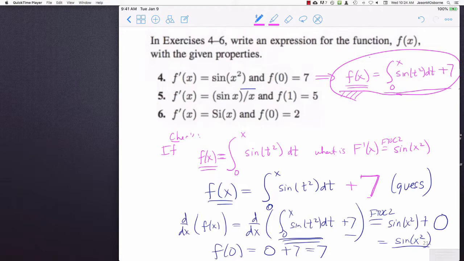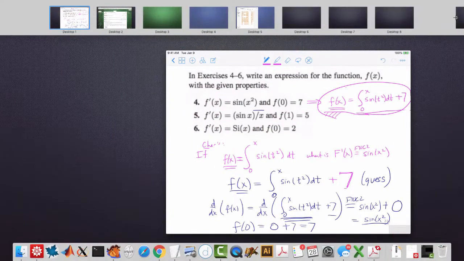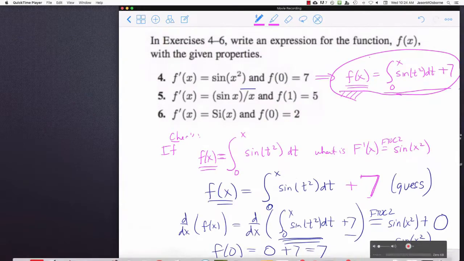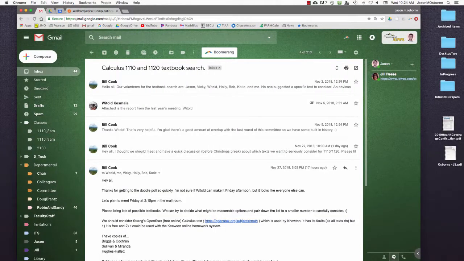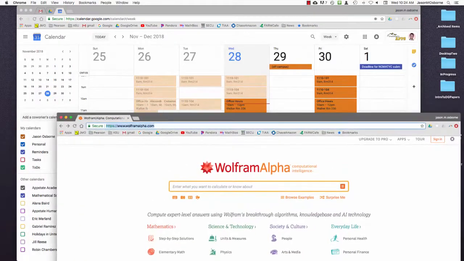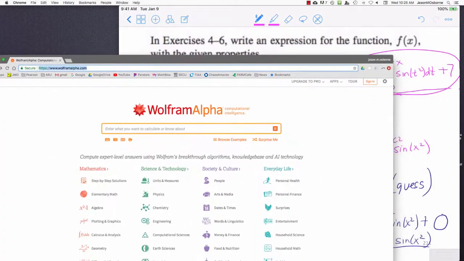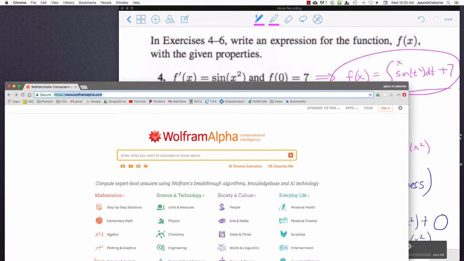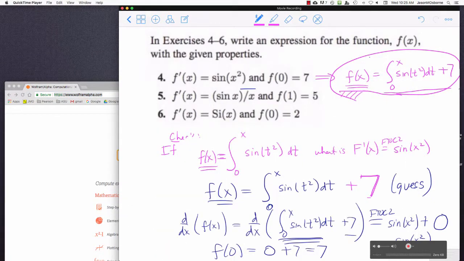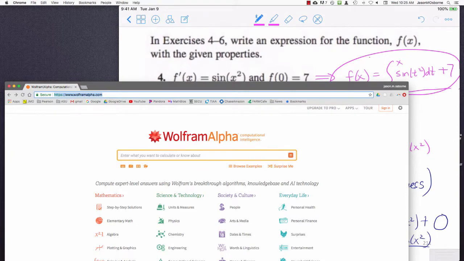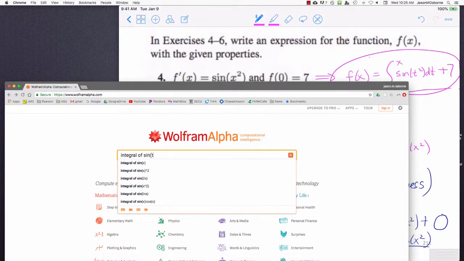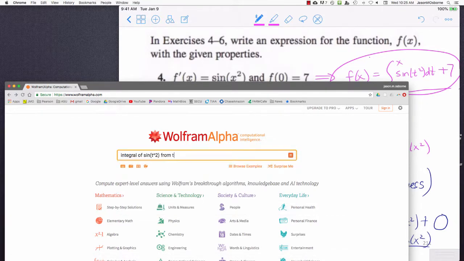You can try to make it nicer if you wish. The problem with that is, let me move this to the other screen and take a look at Wolfram Alpha. Try to write this function as something nicer. So the answer is the integral of sine of t squared from t equals 0 to t equals x, plus 7.